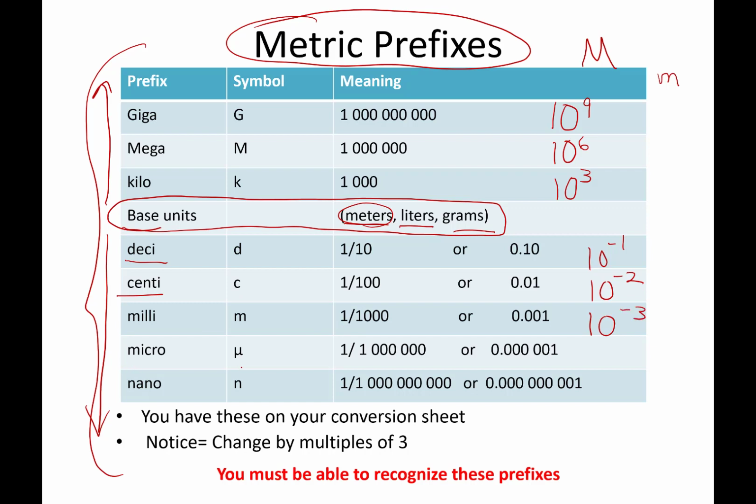Micro, or mu, is the Greek letter mu, and if it's typed, it usually looks like this. If I write it by hand, it sort of looks like that. It's a soft, half leaning over M, and that is 10 to the negative sixth. And nano is lowercase n, 10 to the negative 9.